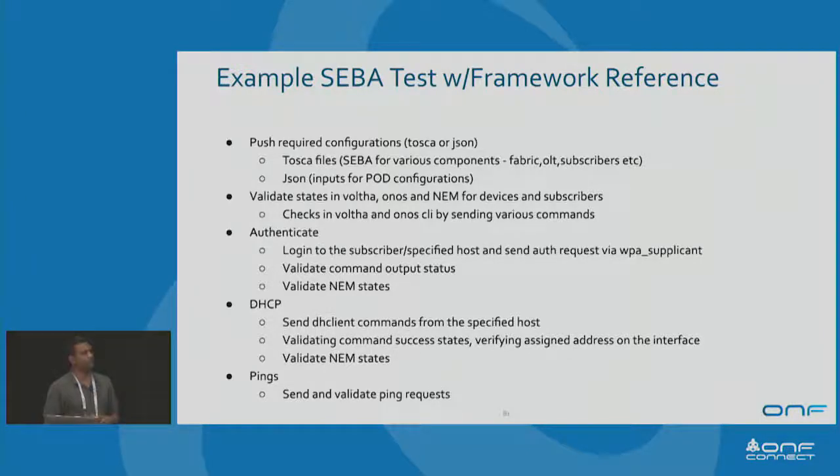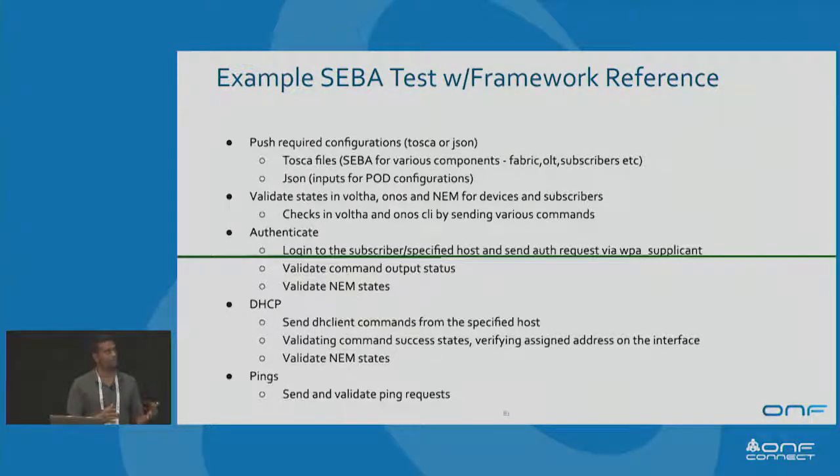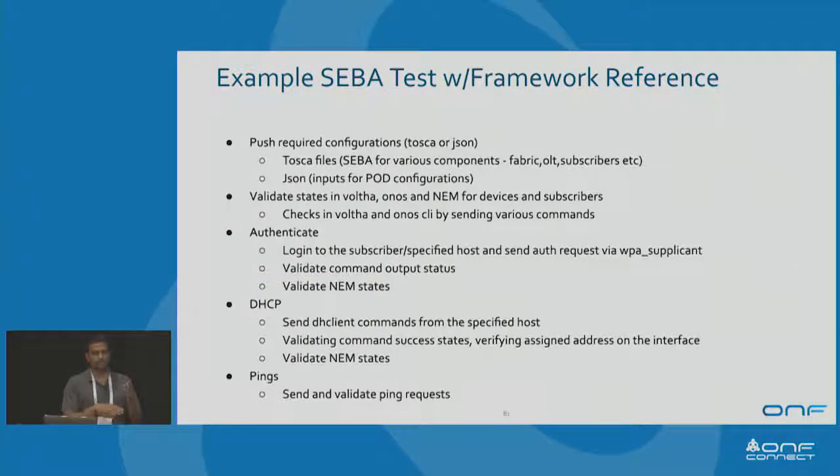configuring the pod. So configuring the system: when we deployed SEBA-in-a-Box this morning, we pushed a number of Tosca recipes to configure our SEBA-in-a-Box. In the physical environment and the physical pod, we have our own set of Tosca recipes that will configure specific pods.